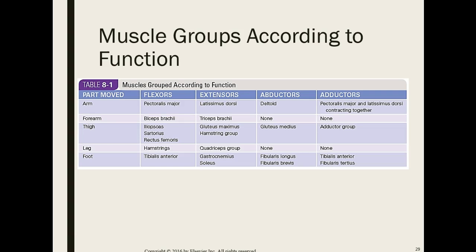So there's a lot of great tables in your book, like this one, that will break up the muscles according to the part moved, and it shows them based on the movement that they produce as well, which is pretty nice. So it lists your flexors, extensors, abductors, and adductors.